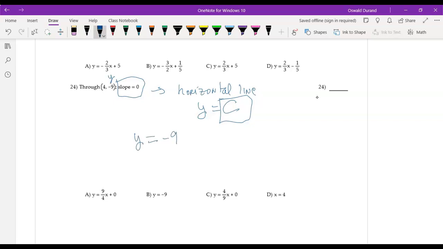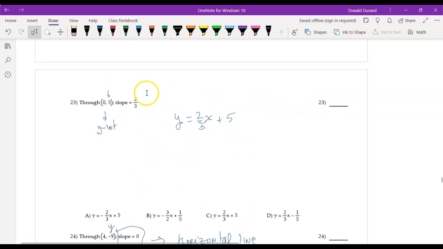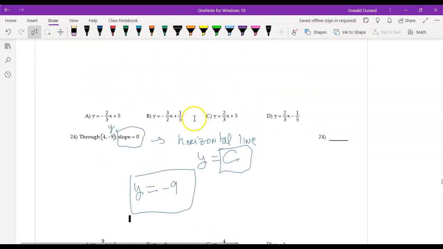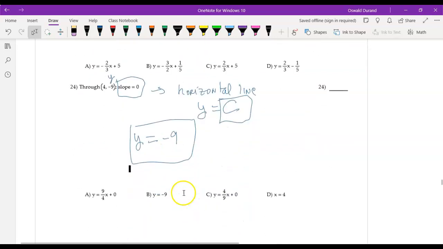You're not even interested in the 4. Because a horizontal line is always going to have a y coordinate that is equal to -9, right? It could be (1, -9), (0, -9). It doesn't matter. It's always going to be -9. So that's one way of doing it. For this one, you can also say, okay, well, my slope is 0, and find your equation that way. You can do it like that too.